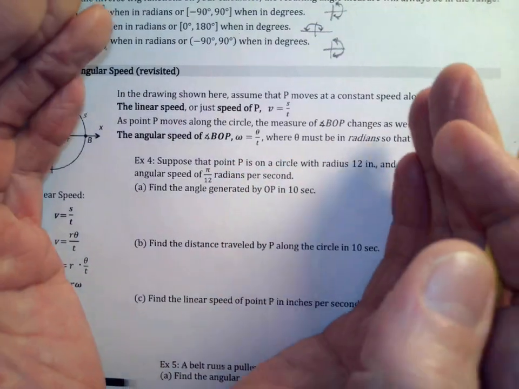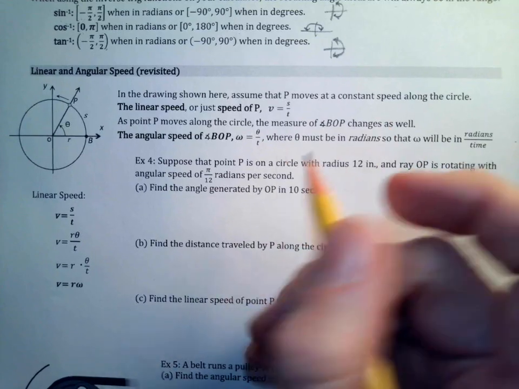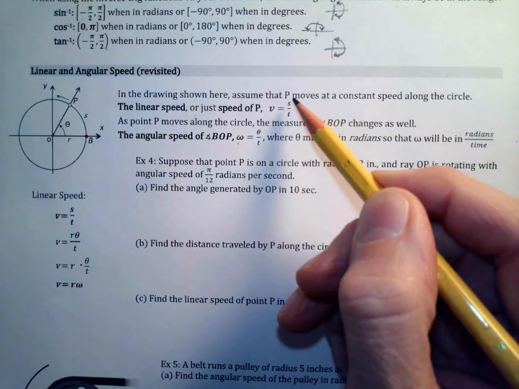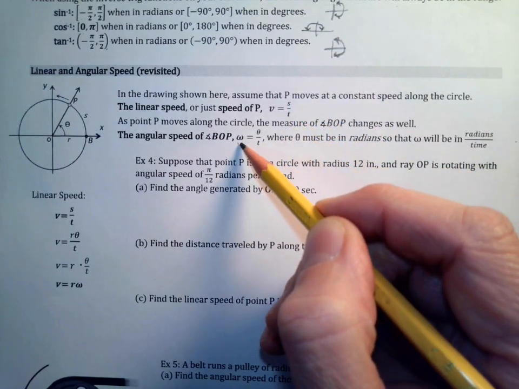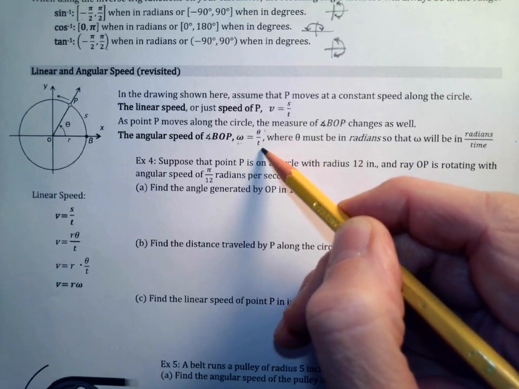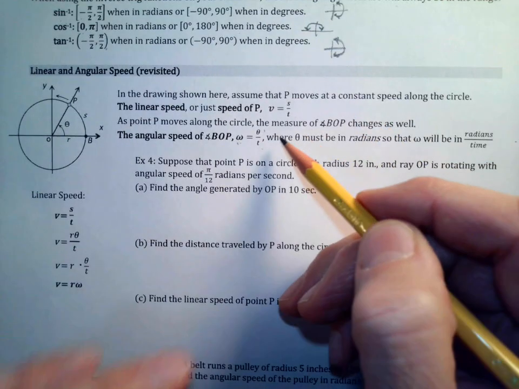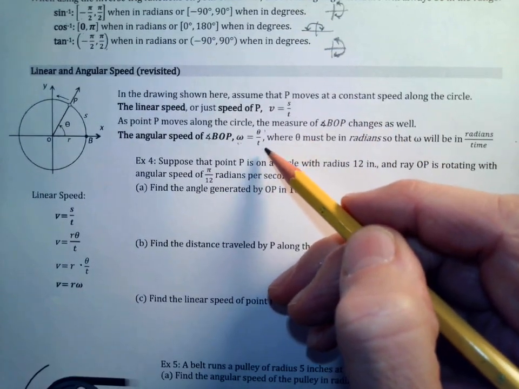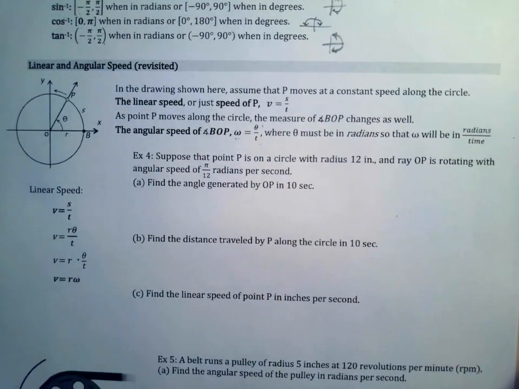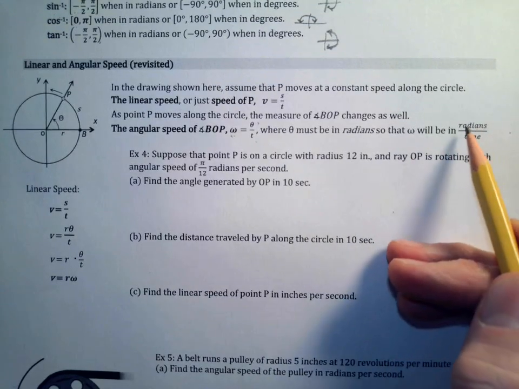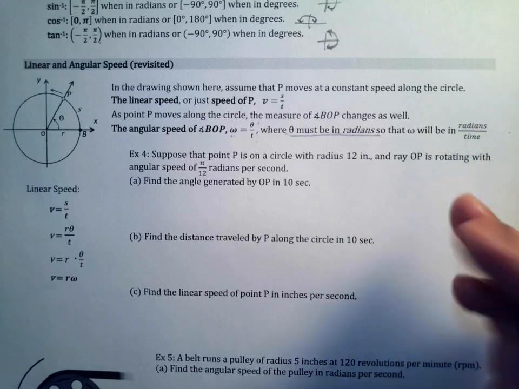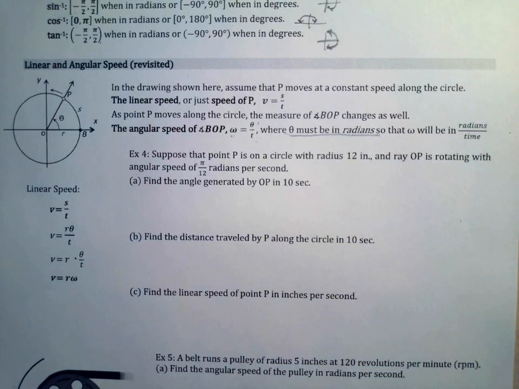Just like velocity is distance over time, angular velocity is angle divided by time, so how much rotation you've moved through in a set amount of time. And of course, like we saw in the last section with arc length and area, theta must be in terms of radians. So it's radians per time, instead of just units per time.